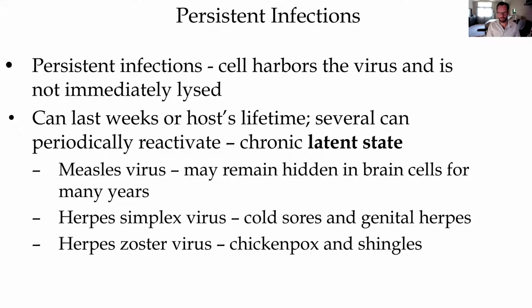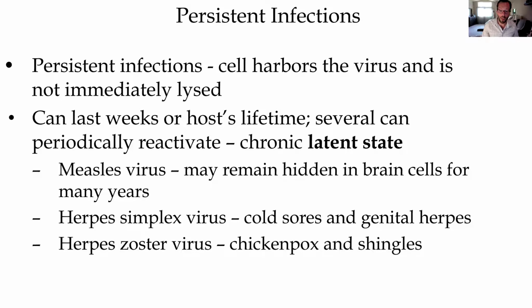Measles, for instance, can have the initial outbreak and the initial effects, but then remain in a latent state in the brain for years. Herpes, which we'll talk about when we get into DNA viruses, causes things like cold sores if it's herpes simplex 1, or genital herpes if it's herpes simplex 2. And those things don't go away, right?